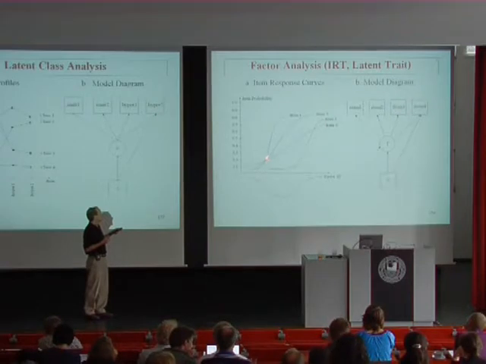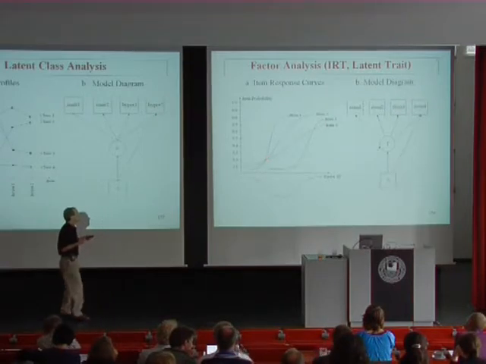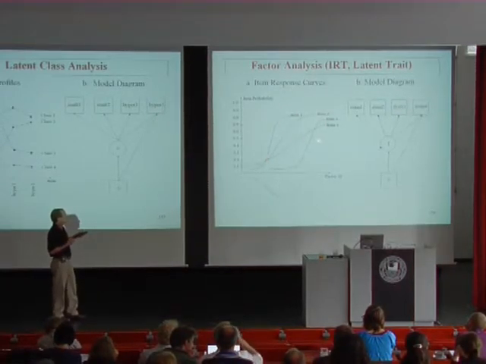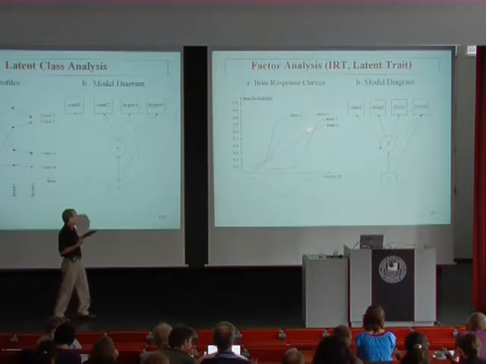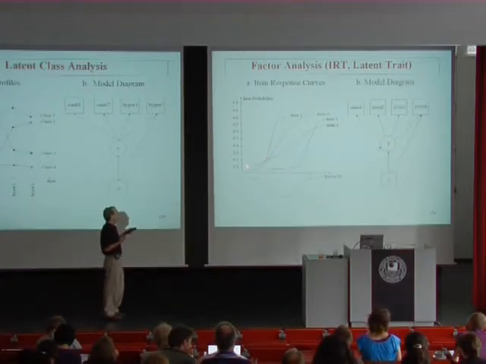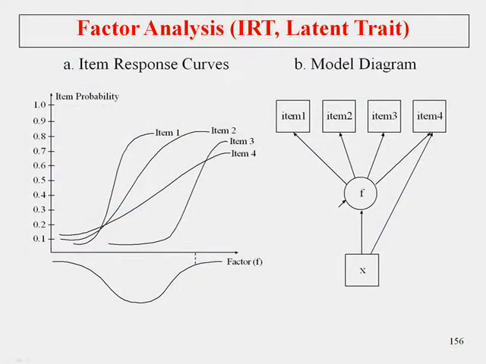And here we see that the items differ not only in their thresholds or intercepts, but also in their slopes. So as the factor increases, the probability of endorsing item 4 increases slower than items 1, 2, and 3. So there are two parameters, intercept and slope, where, again, intercept can be translated into negative threshold.